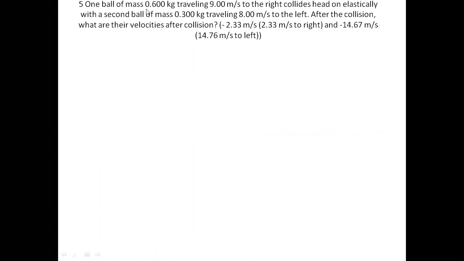One ball of mass 0.600 kilograms traveling with 9 meter per second to the right collides head-on elastically with a second ball of mass 0.300 kilogram traveling with 8.00 meter per second to the left.